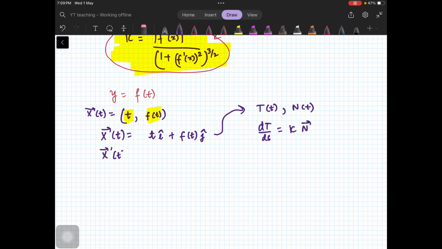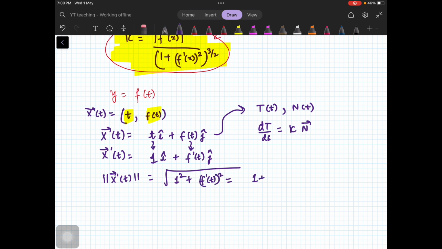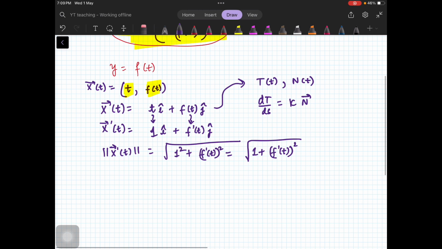For that we need x prime of t, that is 1, because the derivative of t is 1, i cap, plus the derivative of f, which is f dash t, j cap. Now we look at the modulus of x prime of t vector. That would be square root of 1 squared plus f prime t squared, so square root of 1 plus f prime t squared. This is our modulus of x prime of t.